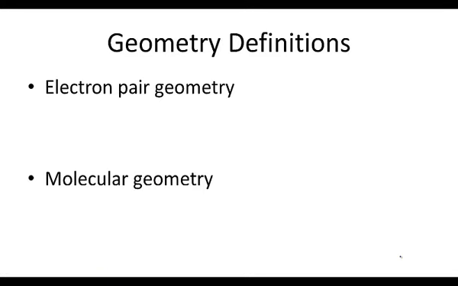So we come up with 2 different kinds of geometry. One is what we call electron pair geometry. One is what we call molecular geometry. Electron pair geometry is the geometry that describes the relationship among all the domains.